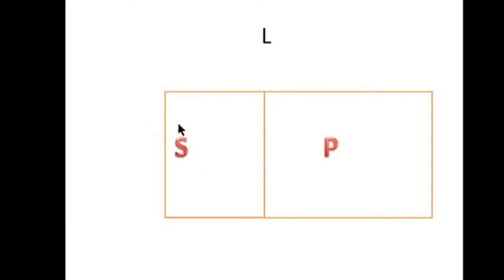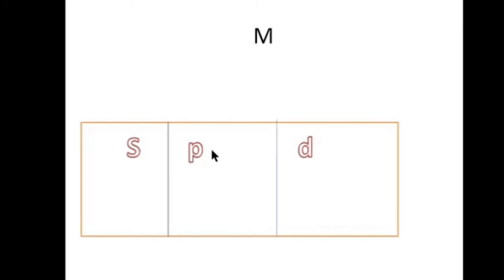You know, this S orbital can have only a maximum of 2 electrons, and p orbital can have a maximum of 6 electrons. Now, M shell has S, P and D. Okay, M is a house having 3 rooms, S, P and D. You know, S can have only 2 electrons, P can have 6 electrons and D can have 10 electrons.